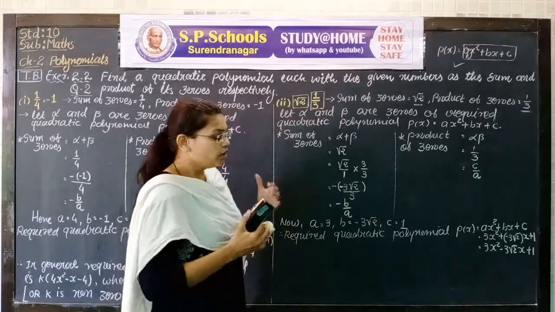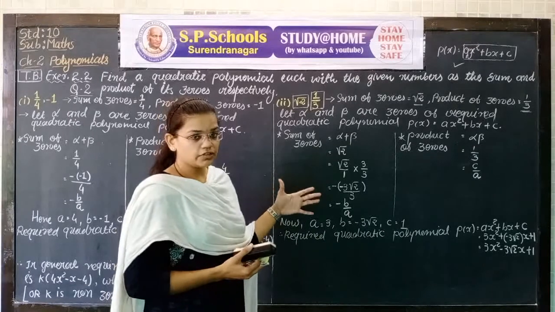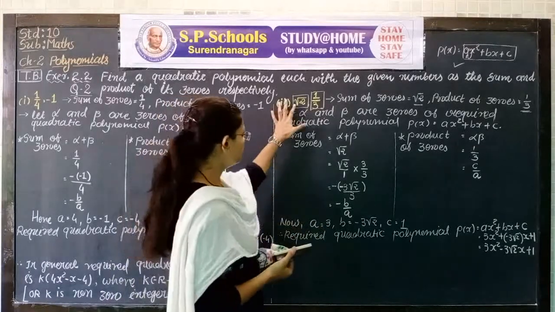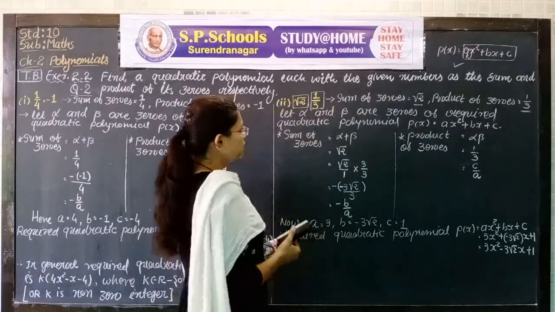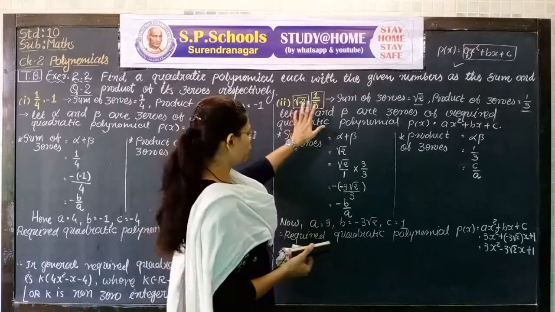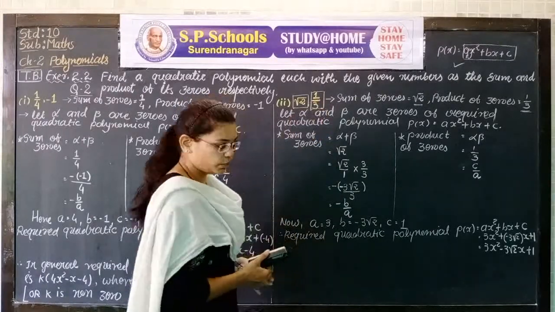But we obtain lots of quadratic polynomials here whose sum of zeros is root 2 and product of zeros is 1 upon 3.